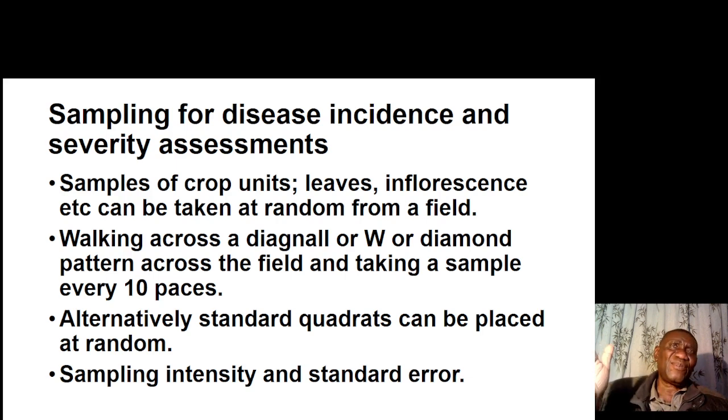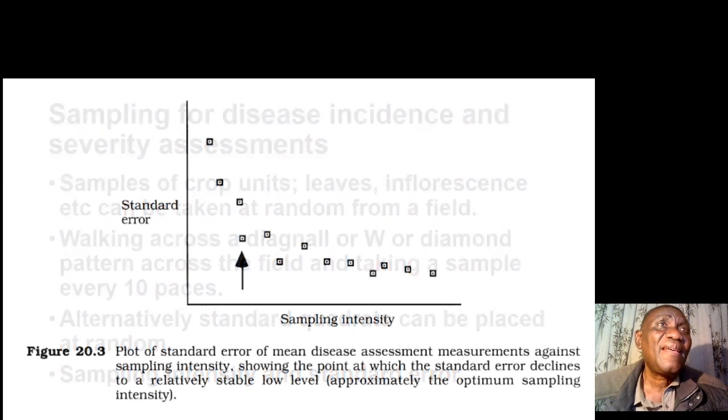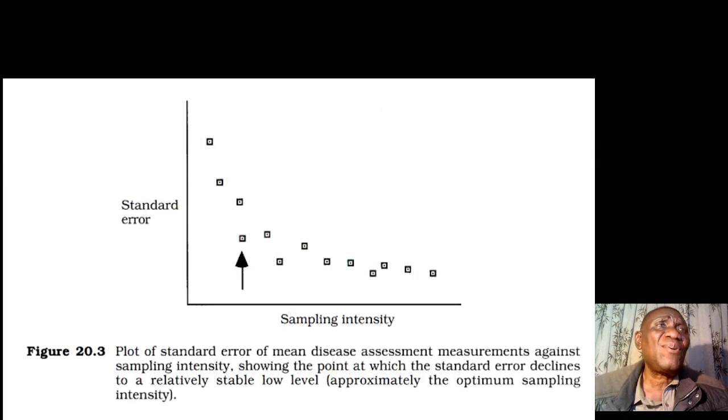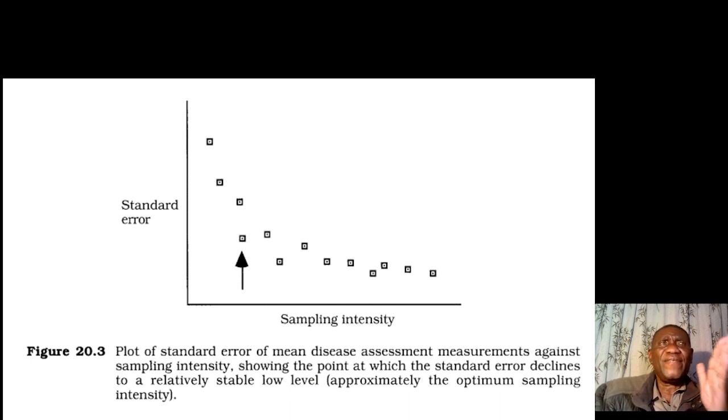The more samples you take, you can actually reduce the standard error or a lot of variation. Now, you can check your sampling intensity and calculate these standard errors. Where you have that arrow, probably that is the ideal sampling technique.